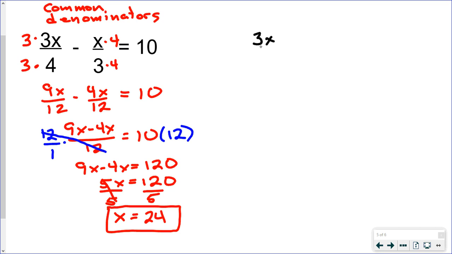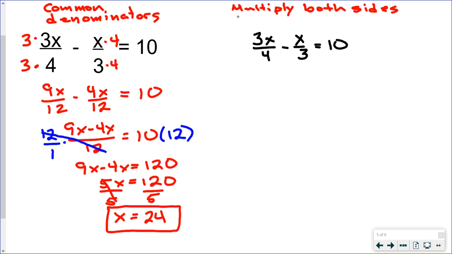And you can choose either way. So 3x over 4 minus x over 3 equals 10. So this way is to multiply both sides by the common denominator. So multiply both sides of the equation by the common denominator.